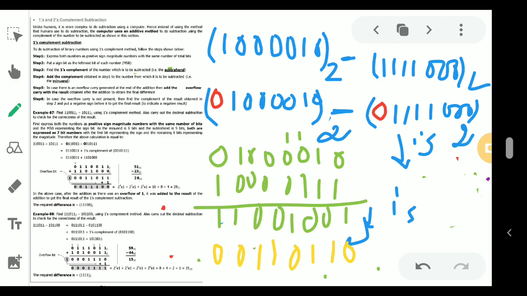But remember, when you write the answer, you have to represent it with a negative sign. So when no carry is generated, you find the ones complement of the addition result and put a negative sign before it. This is the way you will get the result. I hope the ones complement method is clear to you.